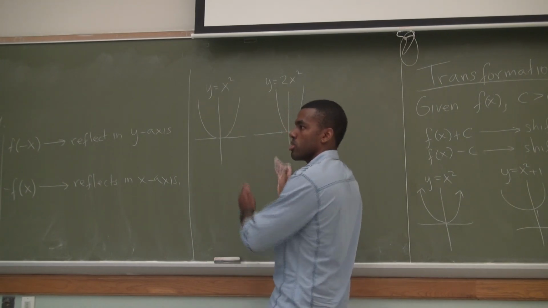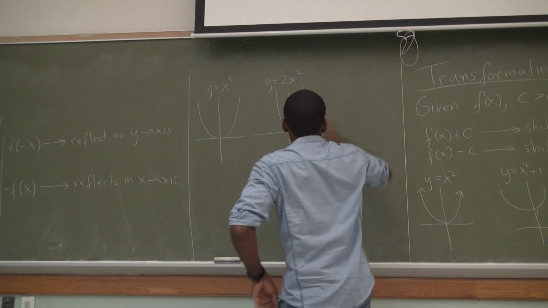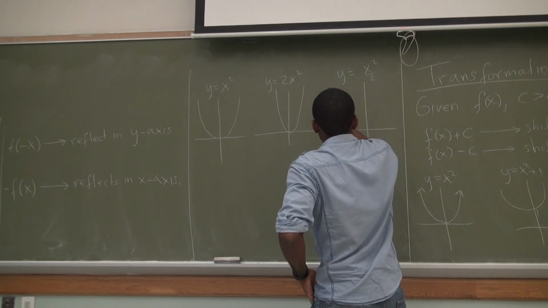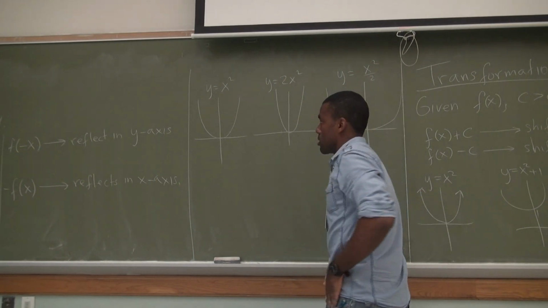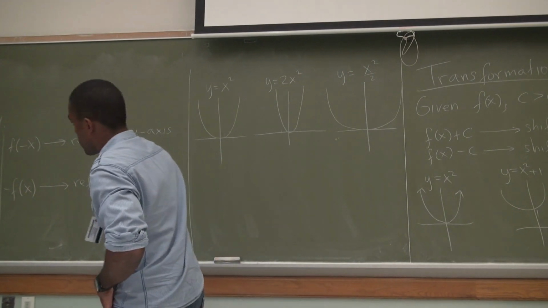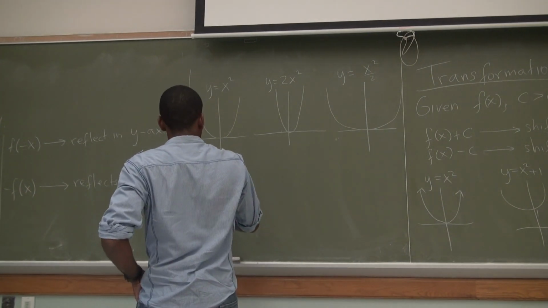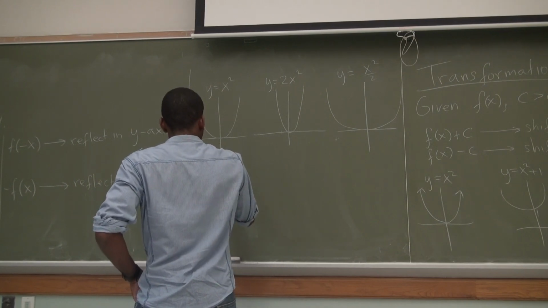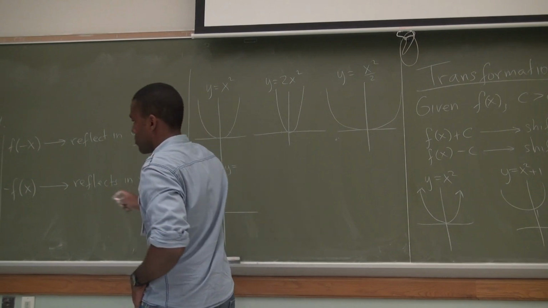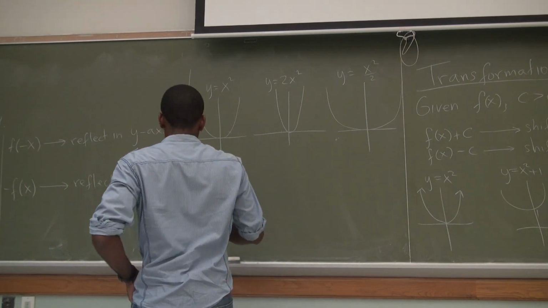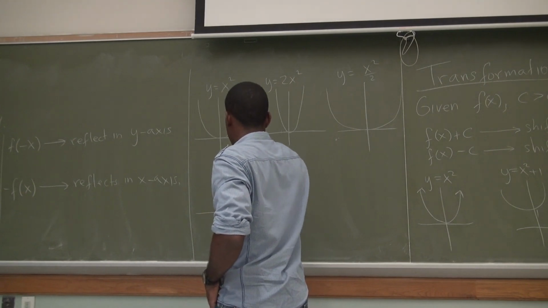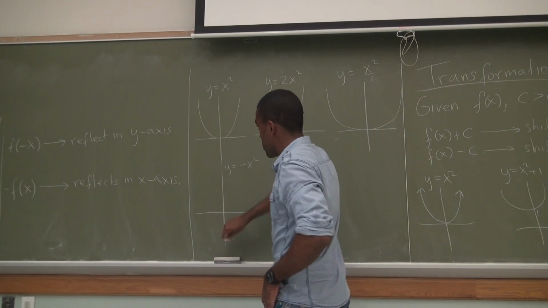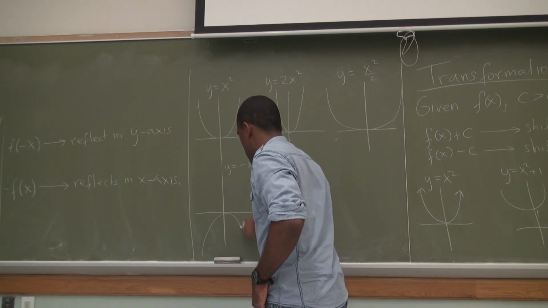Your y value gets higher, so it seems to stretch vertically. If your y is equal to x squared over 2, then it becomes wider. If we put minus x squared, that means the minus is in front of the f of x. You're reflecting in the x-axis, which is the horizontal axis, and that's why you get this guy.